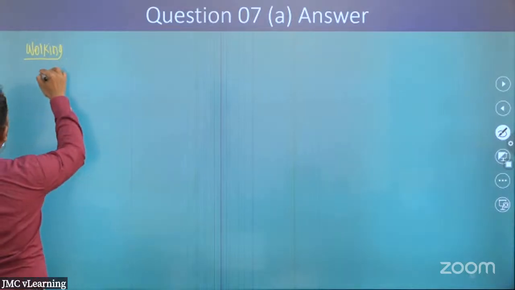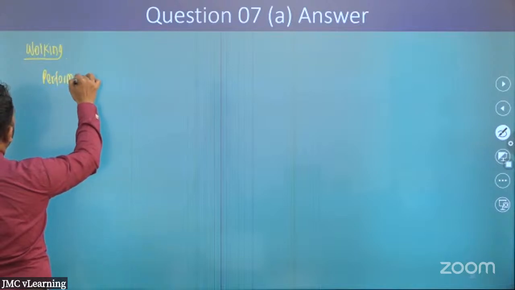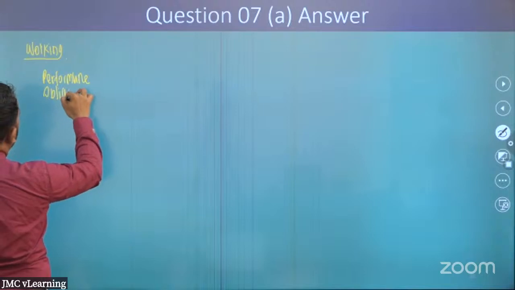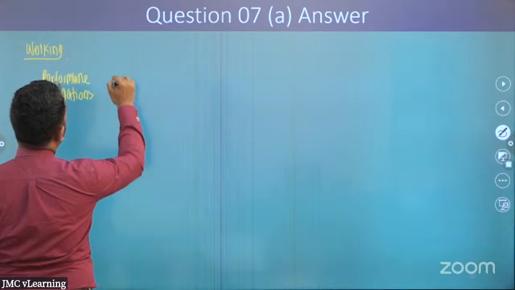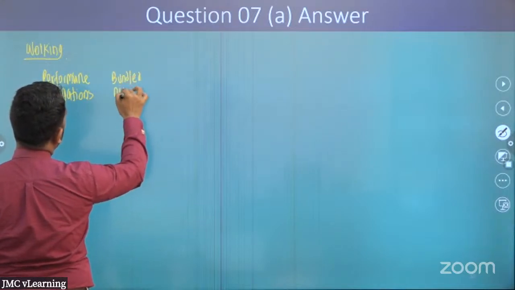Right, if you look at our performance obligations, these are the promises, no? We have the performance obligations. Then you need to check whether those are bundled or distinct.